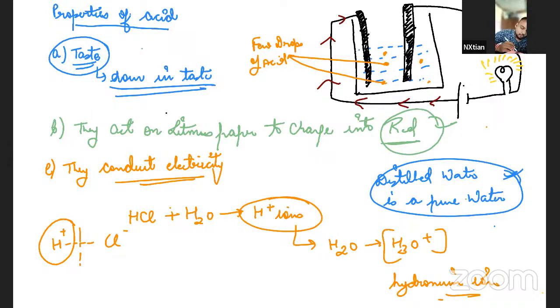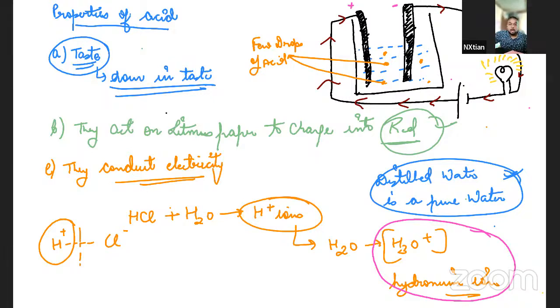Now, this hydronium ion is responsible for carrying the charge, because electricity is the flow of charge. So they carry the charge from the positive terminal to the negative terminal so that the electric current can flow throughout the circuit and the bulb can glow. Understood, guys?